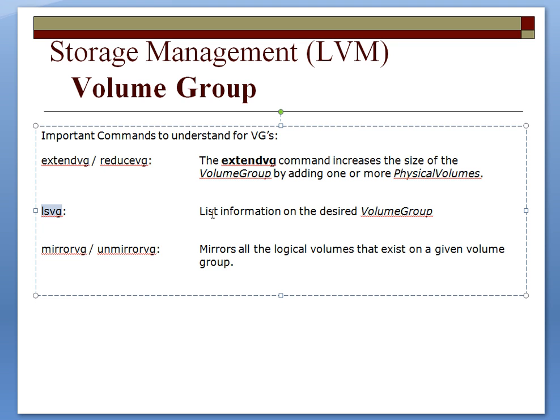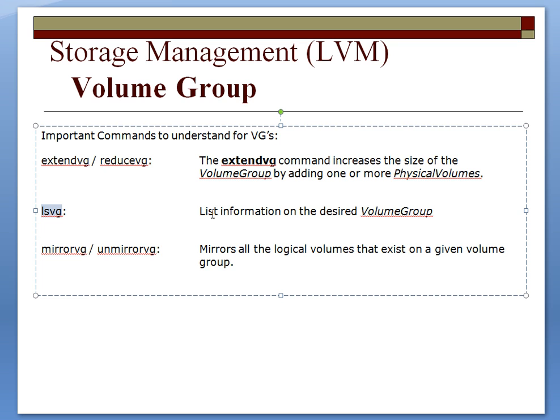Extend VG and reduce VG are pretty straightforward. Extend VG is when you're adding a disk to the volume group, simple as that. Reduce VG is the opposite, when you're removing a disk from a volume group.